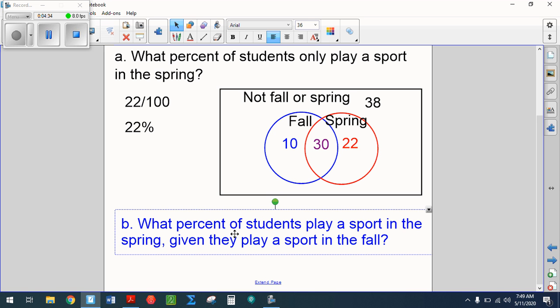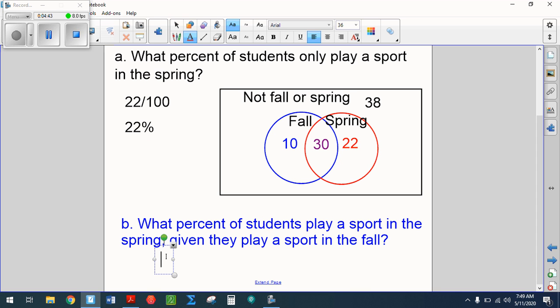So remember, for conditional probability, we change the total number. So instead of this being out of 100 students, this is a conditional probability problem. It says given that they play in the fall. So instead of out of 100, we're going to say there are 40 that play in the fall.